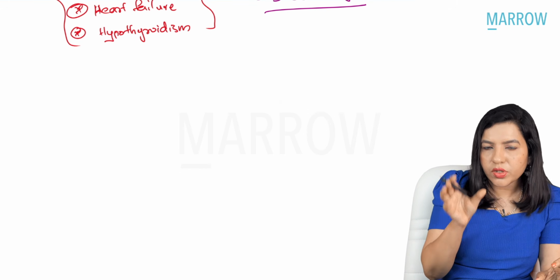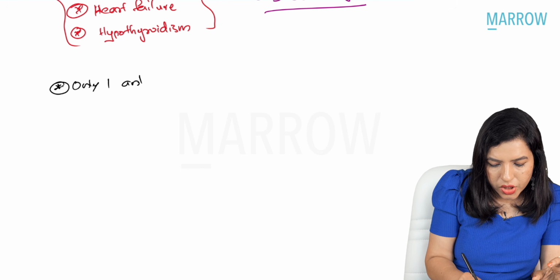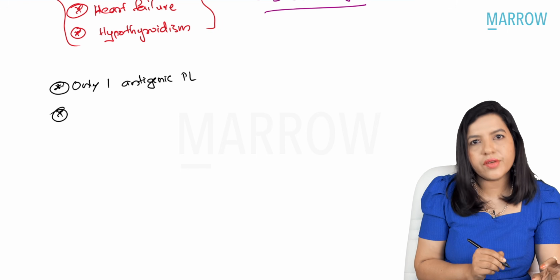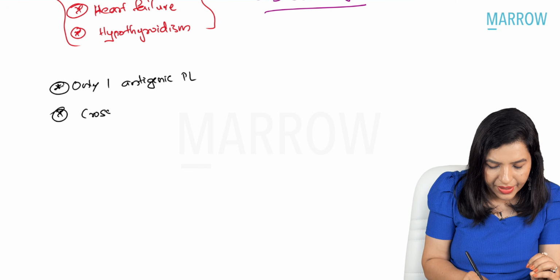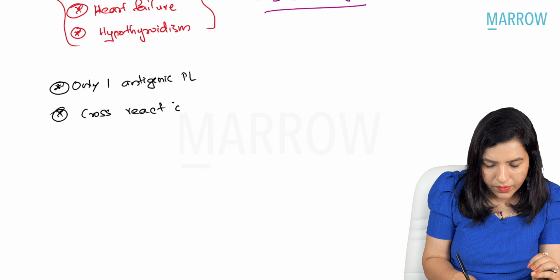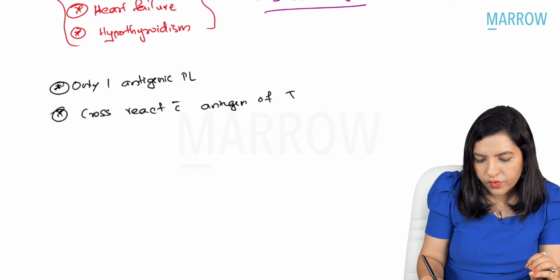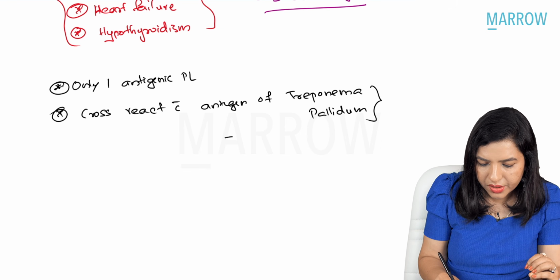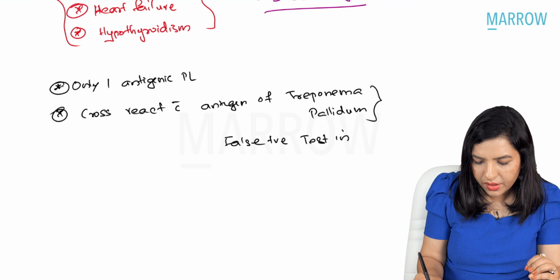Now a few things about cardiolipin: it is the only antigenic phospholipid, and this actually cross reacts with the antigens of Treponema pallidum. Okay, so what is the problem? It gives a false positive test in syphilis.